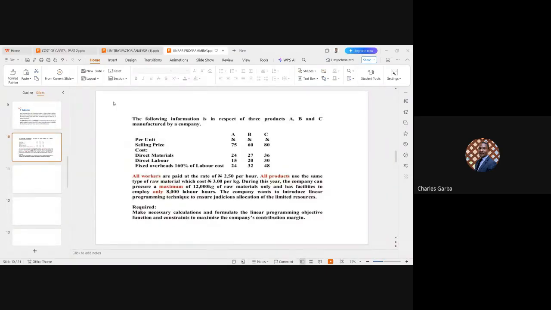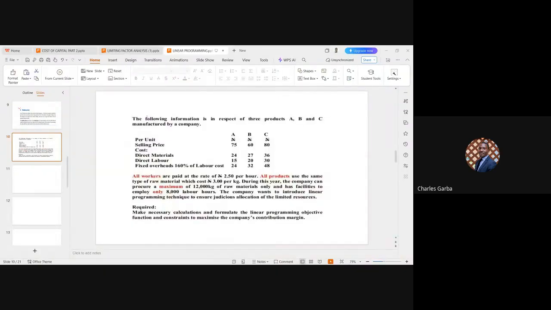Then cost broken down into direct material cost 24, 27, 36, direct labor 15, 20, and 30, and then fixed overhead costs at 160% of labor costs 24, 32, and 48. All workers are paid at the rate of 2 naira 50 kobo per hour. All products use the same type of raw material, which costs 3 naira per kg.